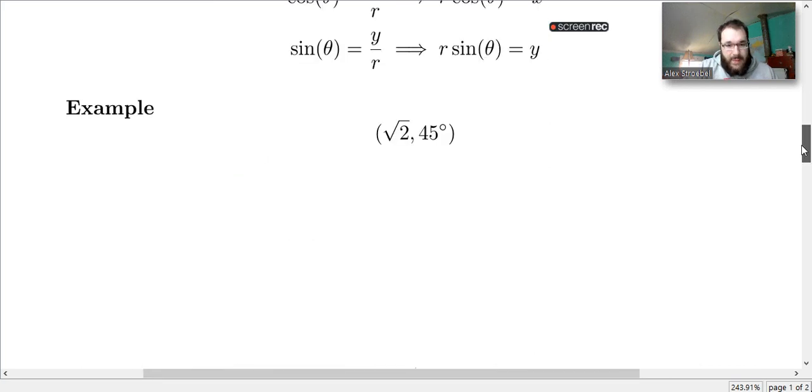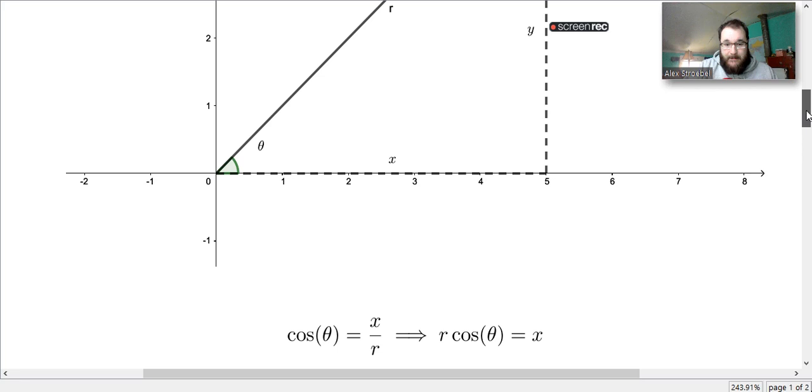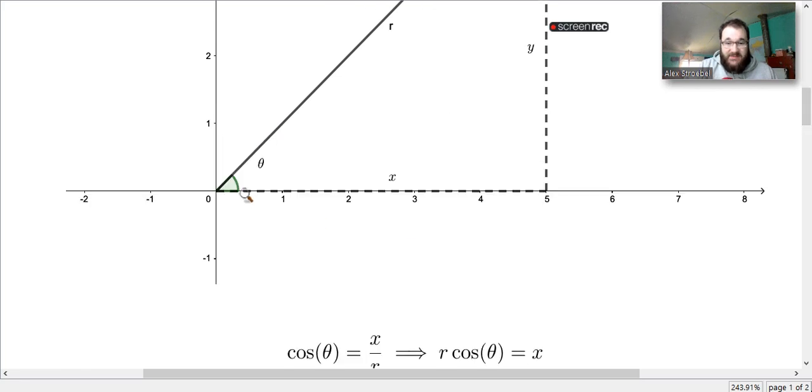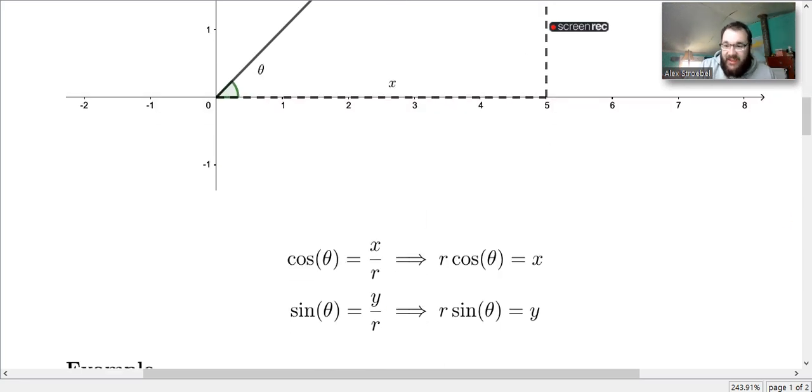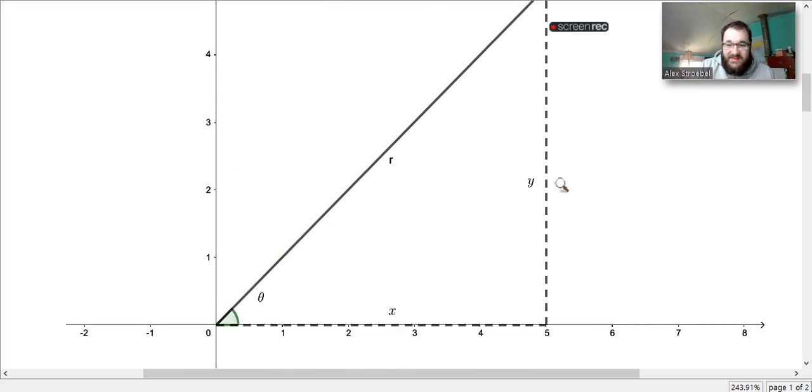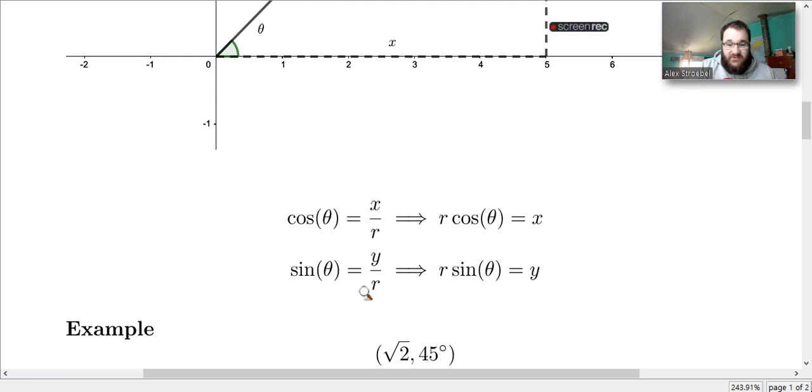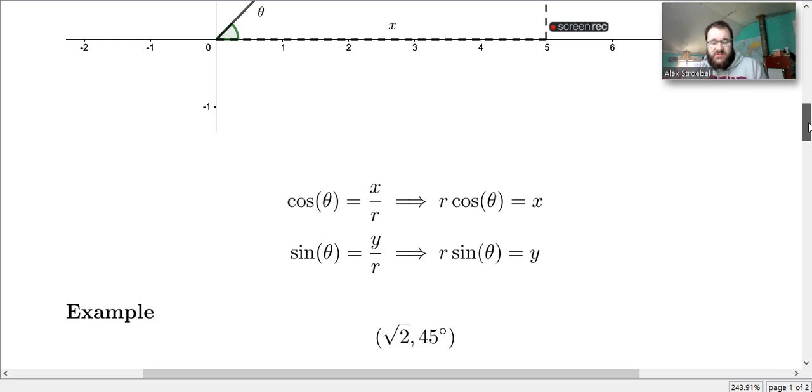Cosine of theta becomes x over r, and sine of theta becomes opposite over hypotenuse, so y over r. So you can just rewrite these, moving the r over: r cosine theta gives you your x value, and r sine theta gives you your y value. So I'm just going to go through some examples of this.